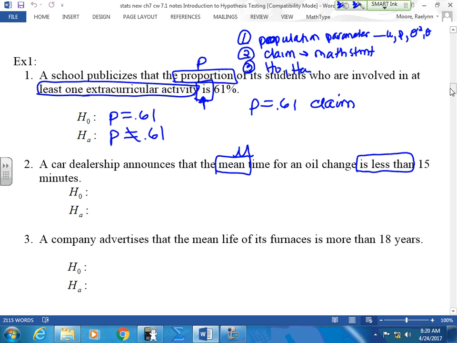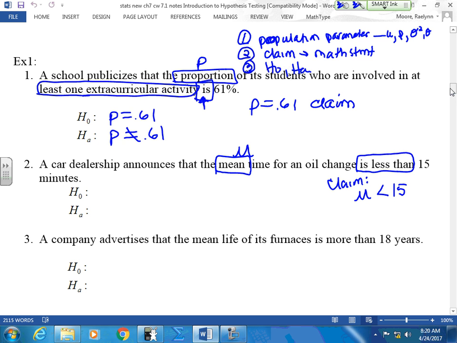So I start like this. I write my claim. What's my claim? The mean is less than 15. Good. This is my claim. I own this car dealership. Would I claim that it's greater than? Would I be foolish to claim that? Would I tell you, oh, the mean average time is greater than 15 minutes.